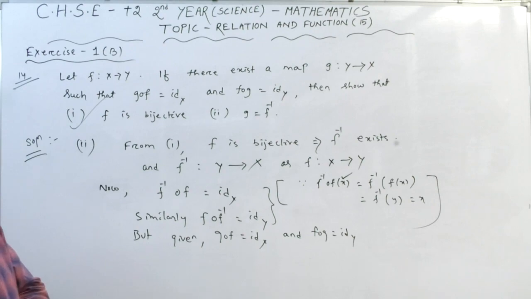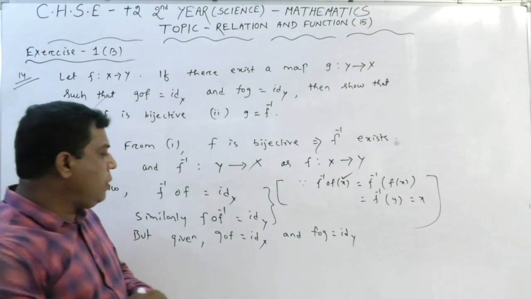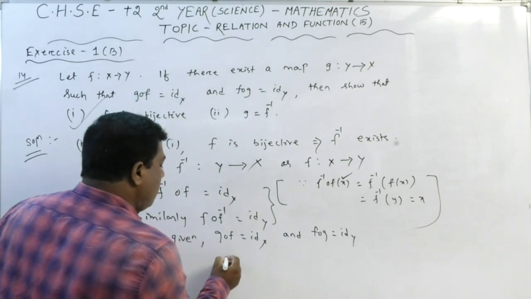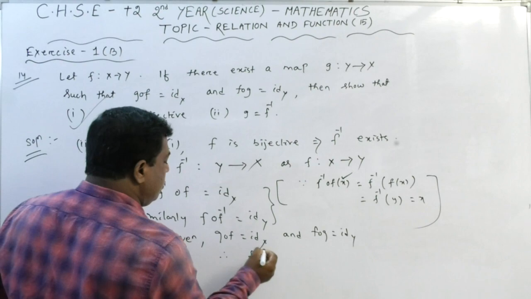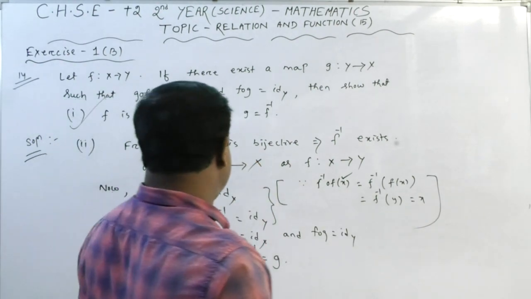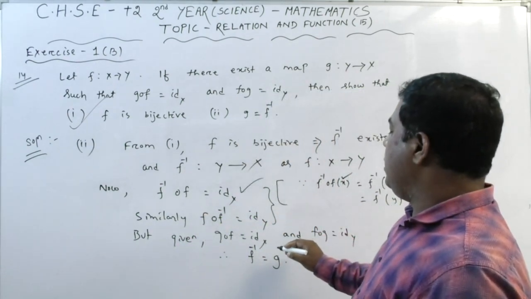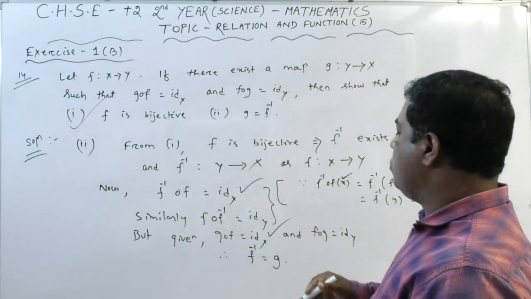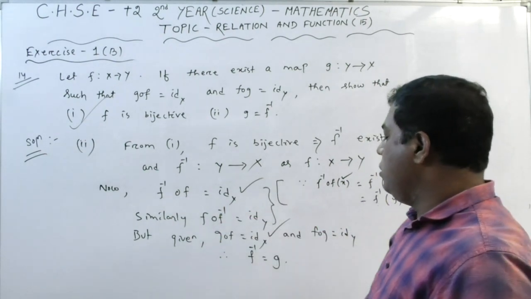It is mentioned here in our question. So from here we can say, therefore, f inverse equals g, because f inverse∘f is identity on x and g∘f is identity on x.